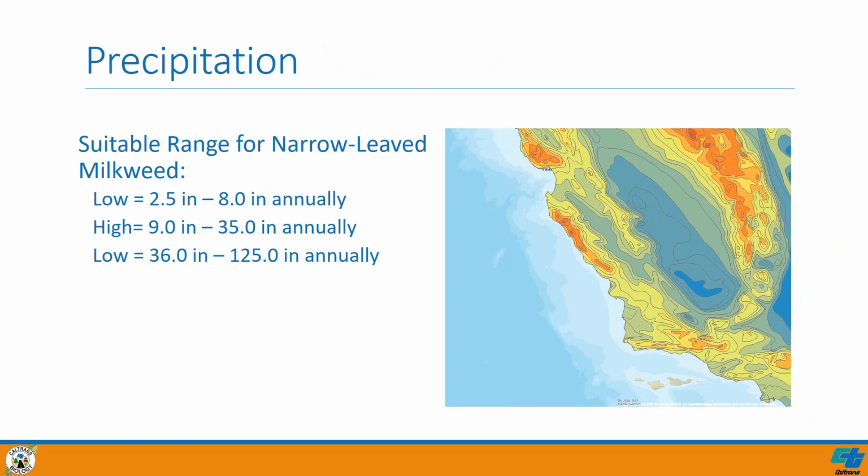The first one was, of course, precipitation. The model identified 9 inches to 35 inches annually as the optimal rainfall for the narrow-leaf milkweed. I should say, for the most part, when it's indicated low, it would equate to a value of 0 in the model, and a high value would be a value of 1.